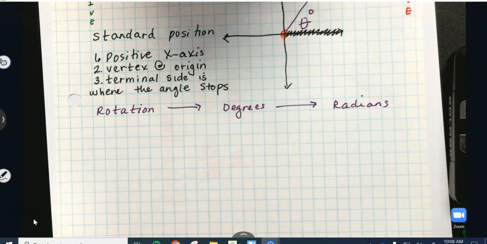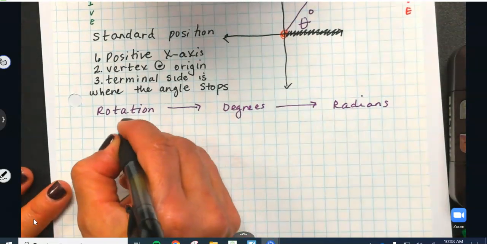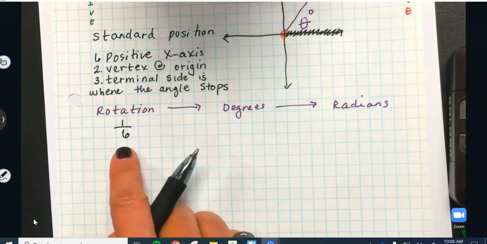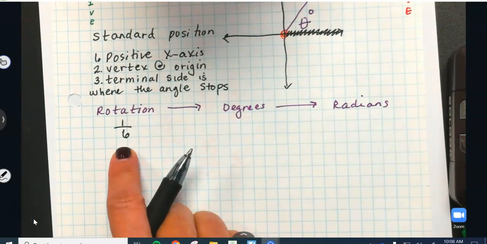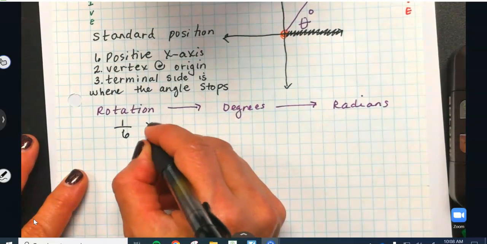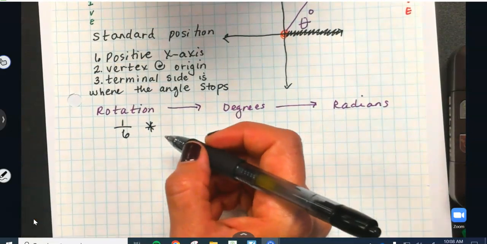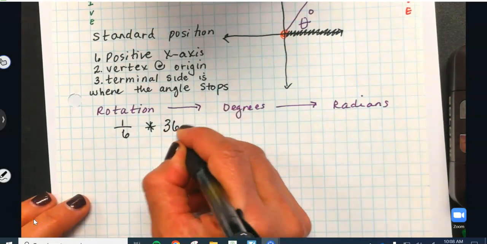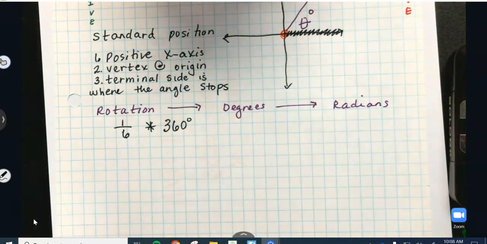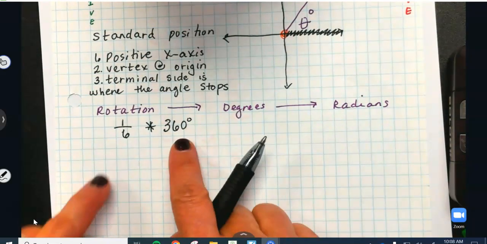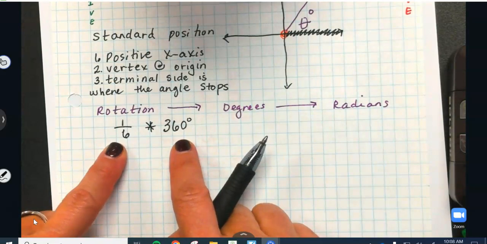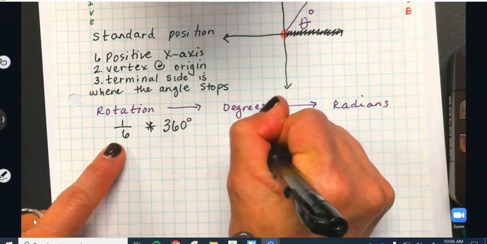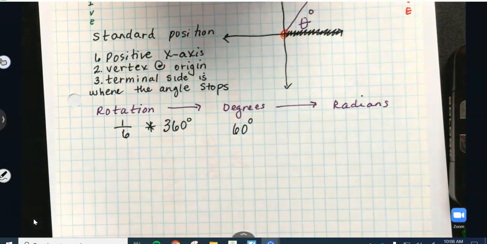All right, so here we go. Let's pretend that we were doing 1/6 of a rotation. To do that, and to get it in degrees, of course, we are going to multiply by how many degrees are in a circle? How many degrees are in a circle? Yeah, 360, yes. And we're going to make a positive angle, so keep that 1/6 positive. And guys, what's 360 divided by 6? Yeah, so the degrees is 60. It's positive.